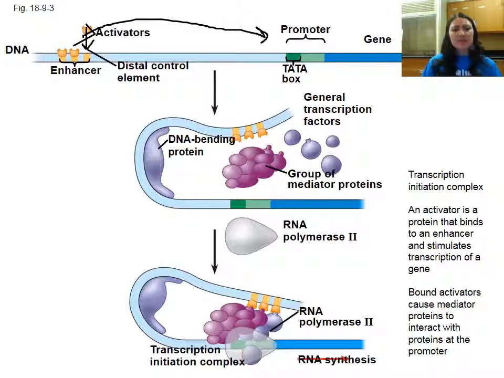The bound activators cause mediator proteins to interact with proteins at the promoter, which again pulls in your RNA polymerase and says, hey, we're going to start transcribing this section of DNA. So they all work in conjunction with one another, but it is the enhancer that helps that piece of DNA fold over so that you can bring the transcription initiation complex in close proximity to the promoter.